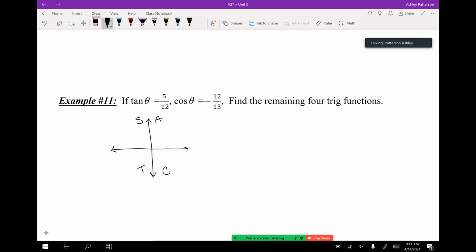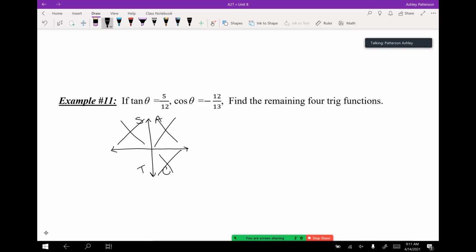First piece of information is that tangent is positive. So that means the second quadrant is out, as is the fourth. My triangle does not exist there. Cosine is negative. That's the second piece of information we were given. So then the first quadrant's out because all trig functions are positive there.